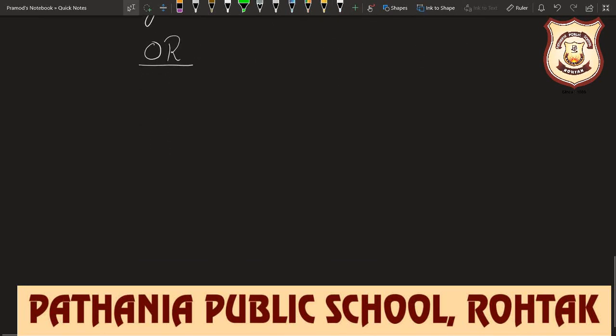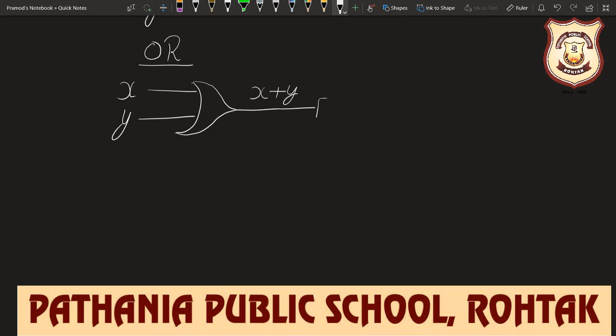For example, X and Y, two inputs are there, so you can just write down X, Y, draw this, and you can draw in this way, and your output is always X plus Y. In the AND gate, you multiply and you can write down F here. In the AND gate, you always multiply, but in the OR gate, you add these.